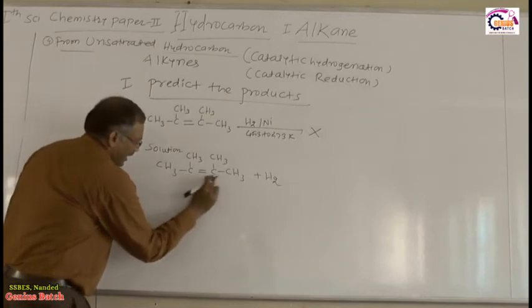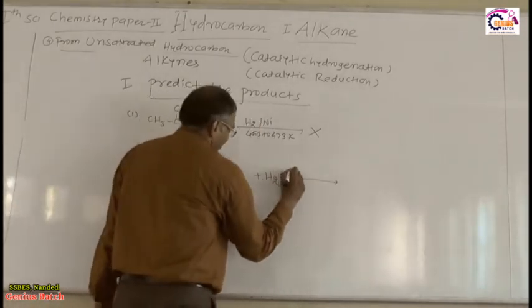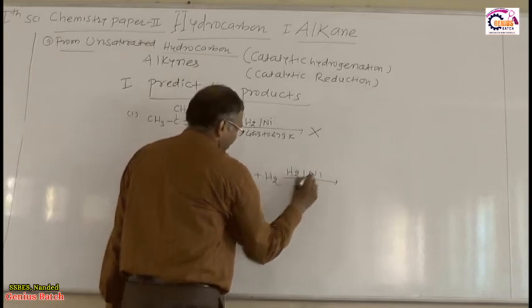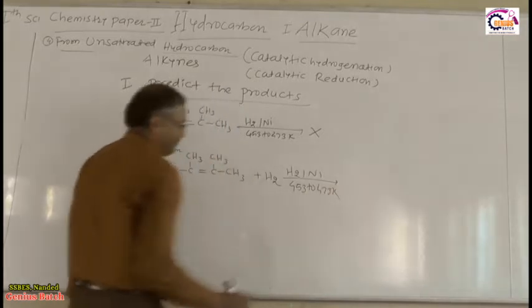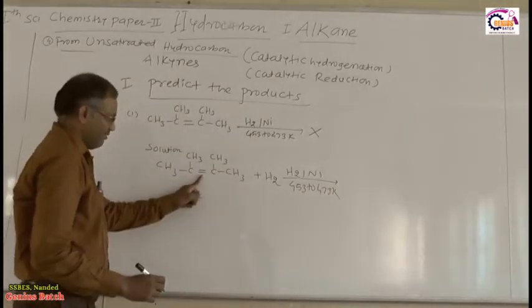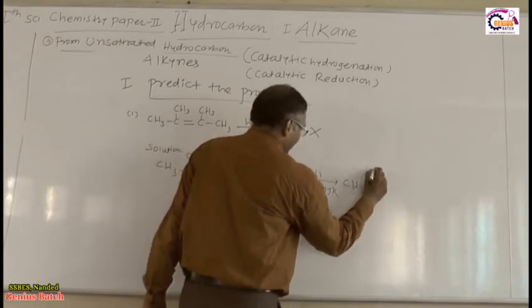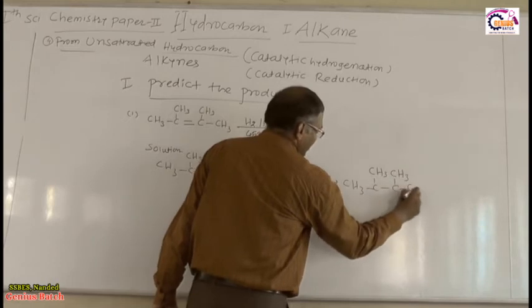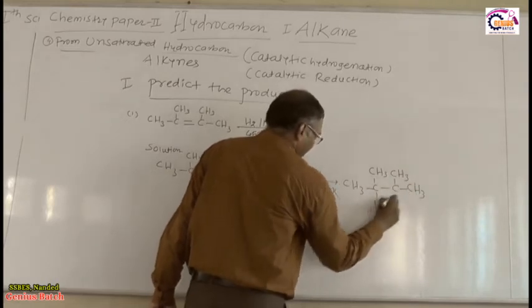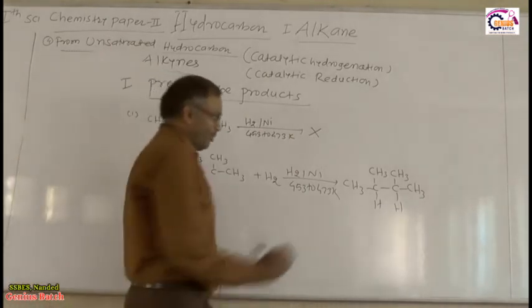Hydrogen molecule is added across the carbon-carbon double bond, with nickel catalyst, 453 to 473 Kelvin. Then one hydrogen molecule is added, so that is CH3, then this CH3, carbon-carbon single bond, CH3. One hydrogen adds here, another hydrogen adds here. So what is the product?